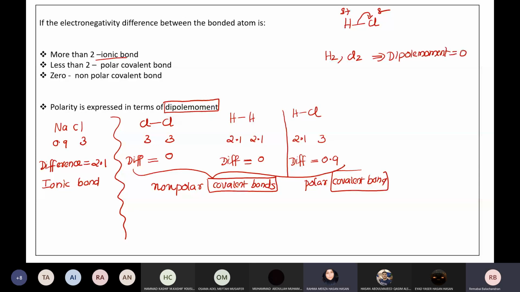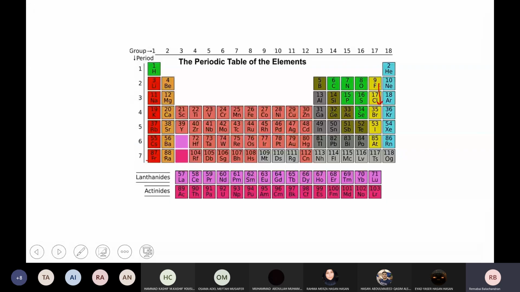Because they are non-polar, shared equally. Don't think this is 0 just because the difference is 0. No, this is not the one. Dipole moment is calculated using another formula, not just by the difference. Now, HCl. What about HCl? Its dipole moment is not 0, right? Yes. Okay, not equal to 0.